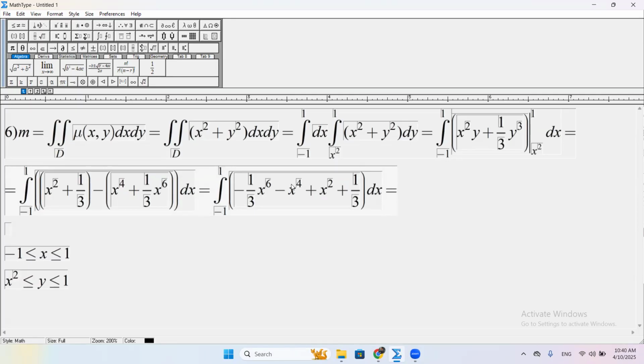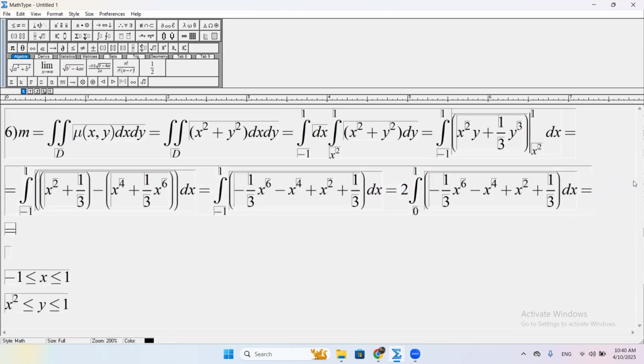Okay, we can even simplify these calculations a little bit. As we can see, this function is even. So we have only even degrees, so we can use the following simplification: we can calculate two integrals from 0 to 1. And now calculating the integral itself.